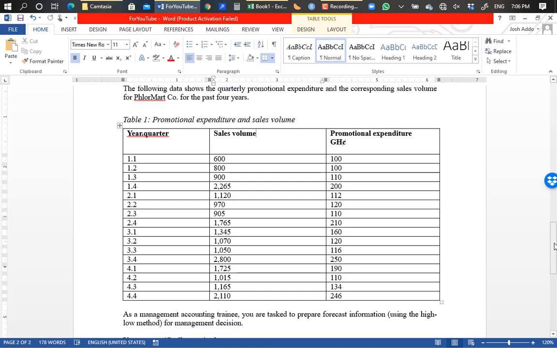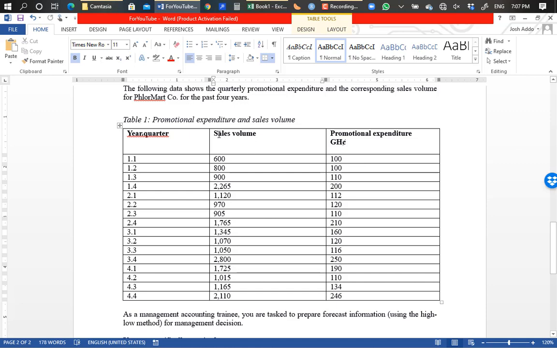Of course, they are. Promotional expenditure will drive sales volume. That's how they are related. But what is the strength of the relationship that exists between them? Right? So we may want to get, without going into details, a sense of what it is.